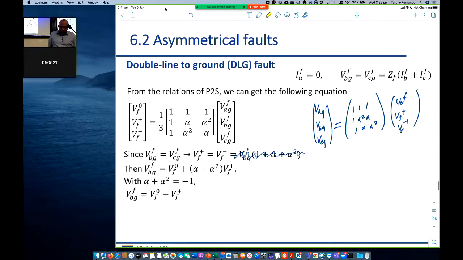All right, so we have these relationships here linking the sequence voltages to the phase voltages through matrix A inverse. So we can then say VBGF.